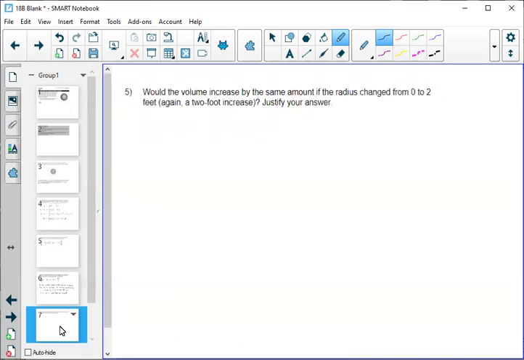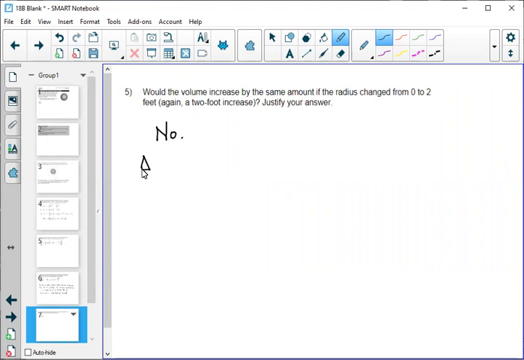Number 5, what would the volume increase by the same amount if the radius changed from 0 to 2 feet? Again, a 2-foot increase. And it's not going to change by the same amount. So we're going to put a no here.